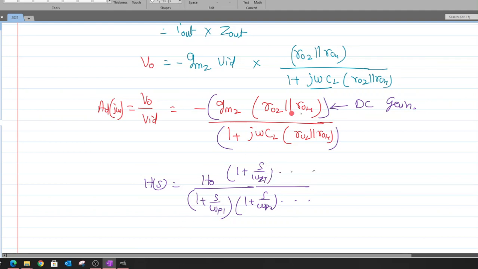Clear? So obviously when I compare these two expressions, this gain expression doesn't have any zeros in it. It only has a DC component which I can map directly to the H naught term, while the denominator has only one single pole which I can map to this omega p1. So I do not have further poles in my differential gain expression.